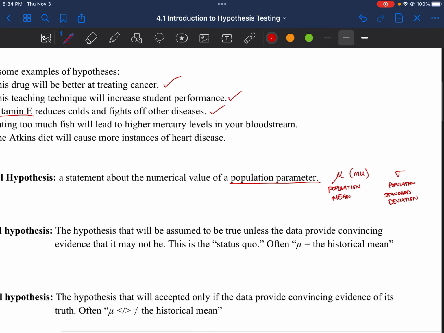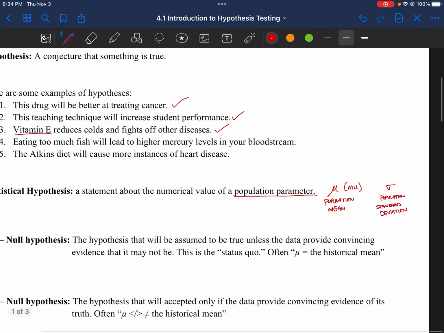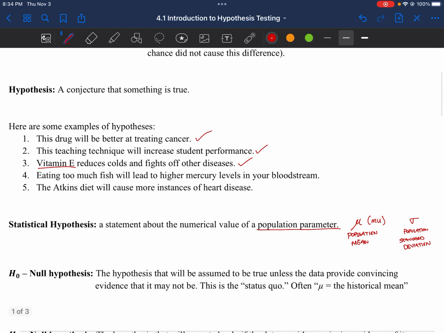So basically, we're going to make a statistical hypothesis by looking at one of these population parameters and saying something about it. So in the case of a teaching technique that will increase student performance, we would say that mu is going to be bigger than it was historically, okay?